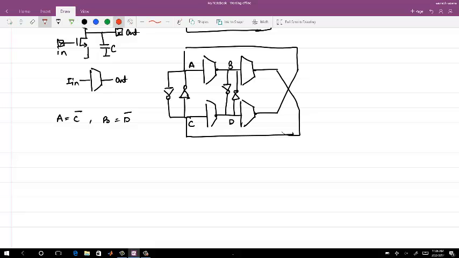So let me just say which is the single loop you have. If you see, okay. So this is actually only a single loop with 4 cells.